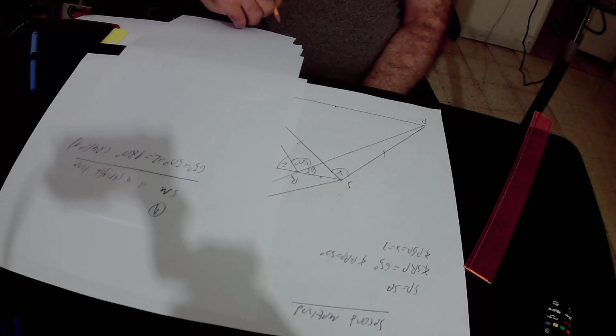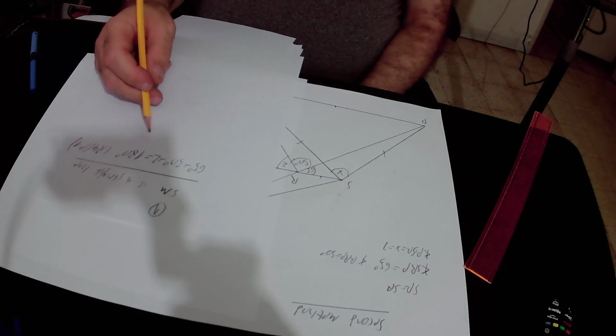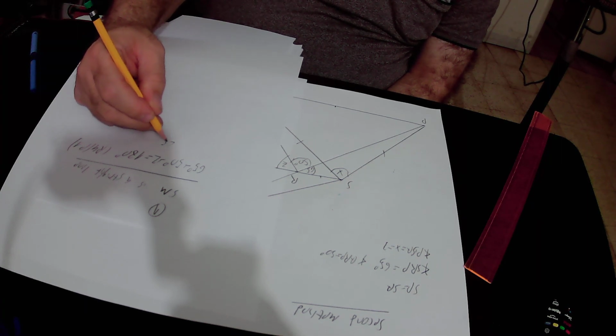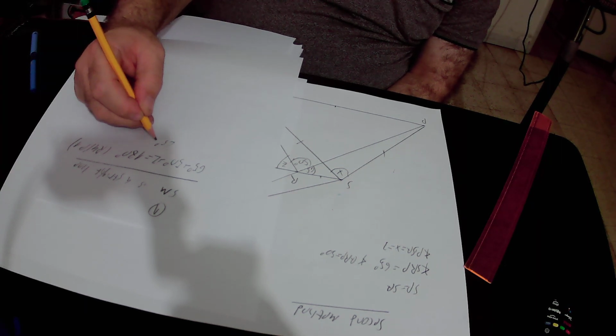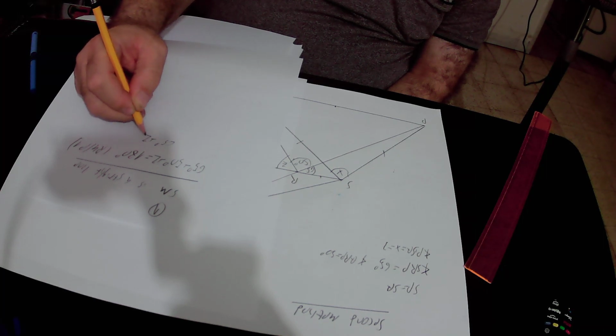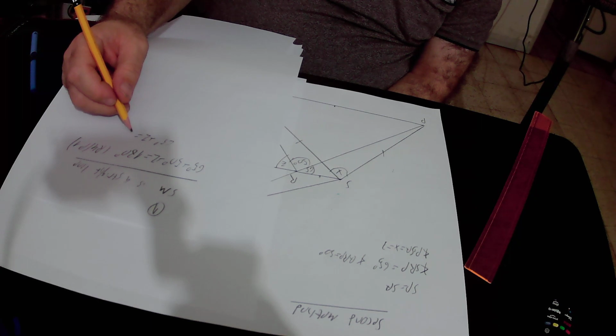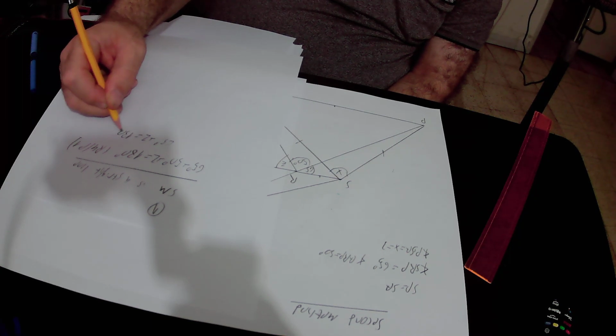So here we'll subtract 50 degrees from this equality and we'll get 65 degrees plus the size of angle Z equals 180 degrees minus 50 degrees, which is 130 degrees.